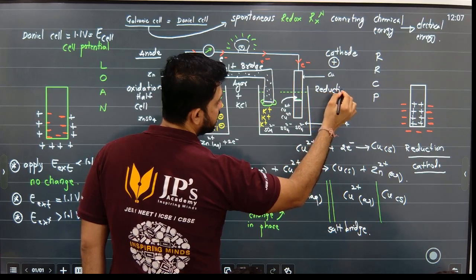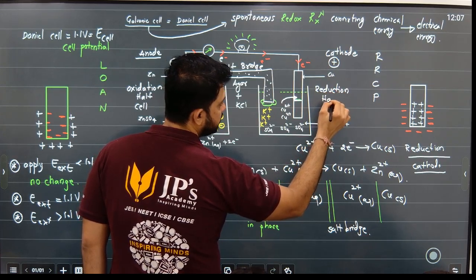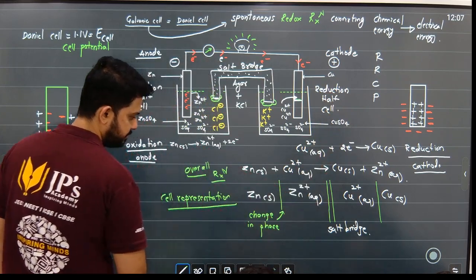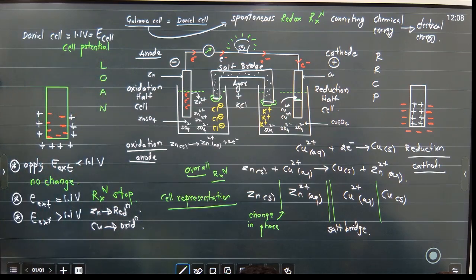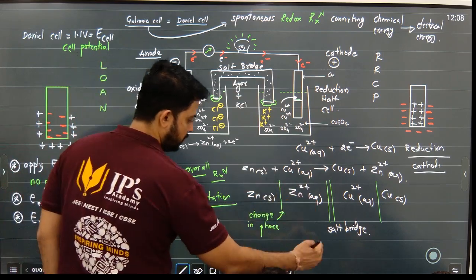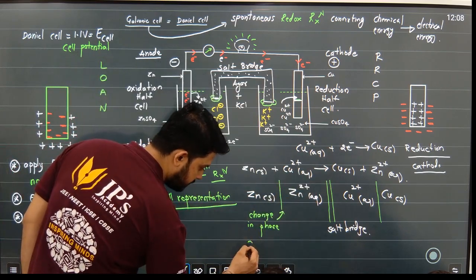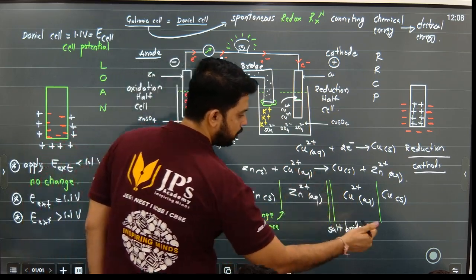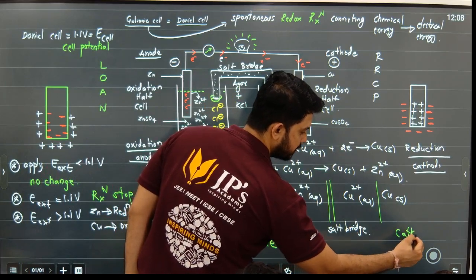Reduction half cell. In the cell representation, what is present on the left hand side? Anode. What is present on the RHS? Cathode.